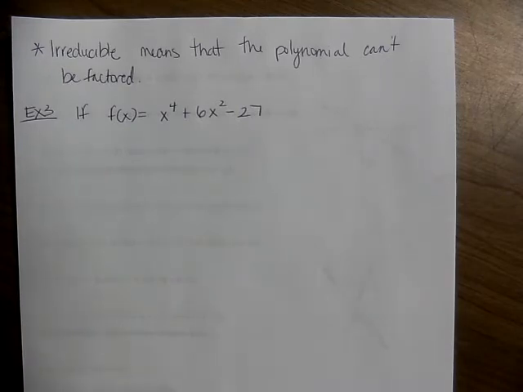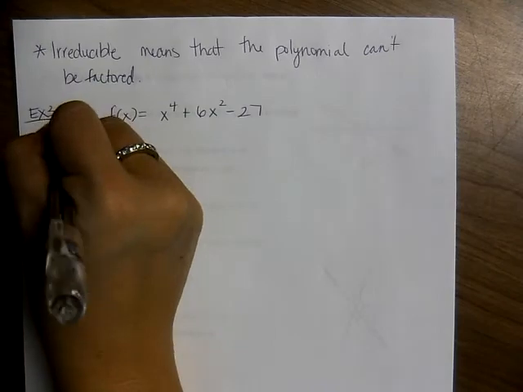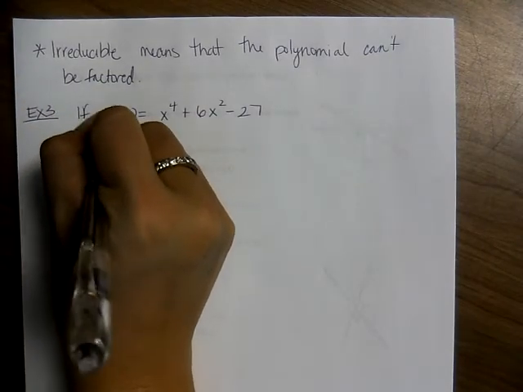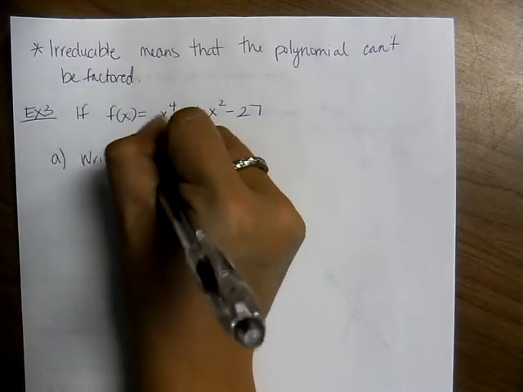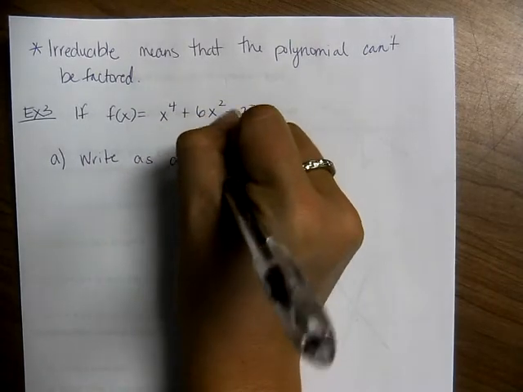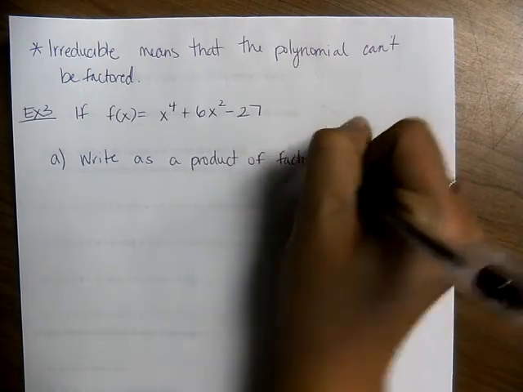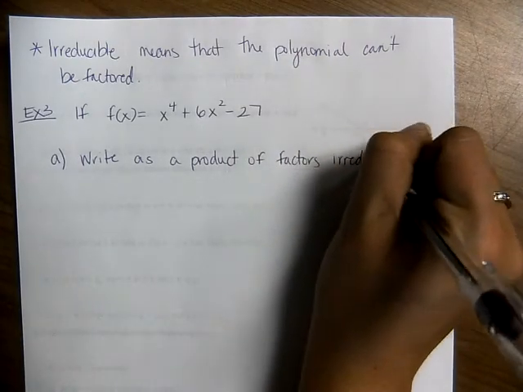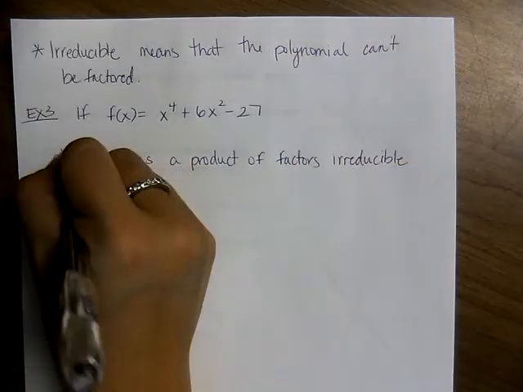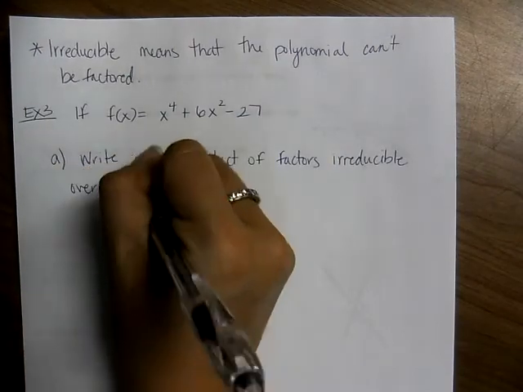Let's say we've been given these directions: write as a product of factors irreducible over the rationals.